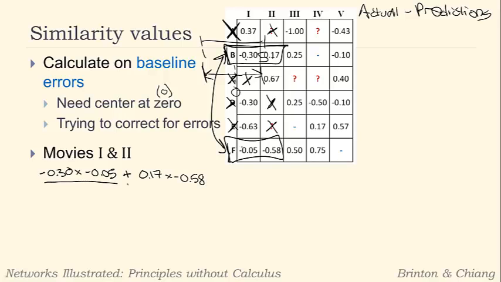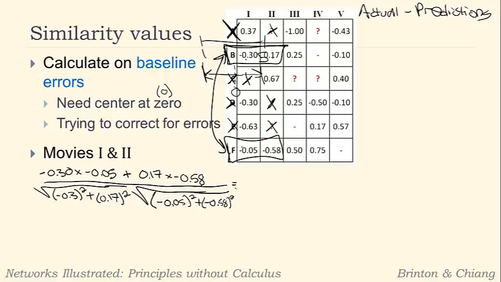And then remember, we have to divide by the length. So we divide by the square root of b1 squared plus b2 squared. So this is negative 0.3 squared plus 0.17 squared. And then we multiply that by the square root of negative 0.05 squared plus negative 0.58 squared.